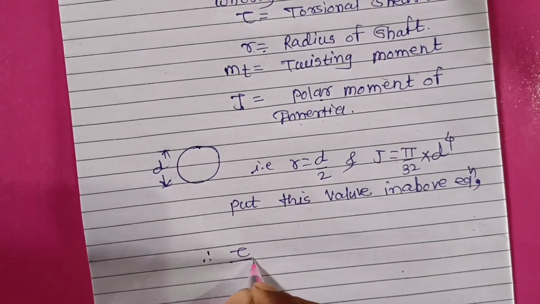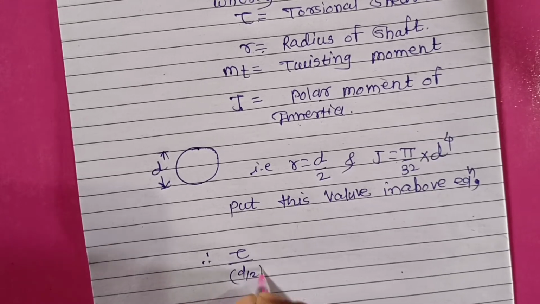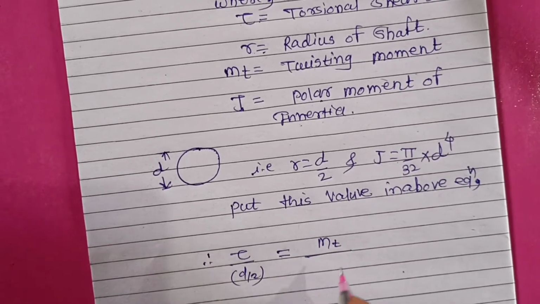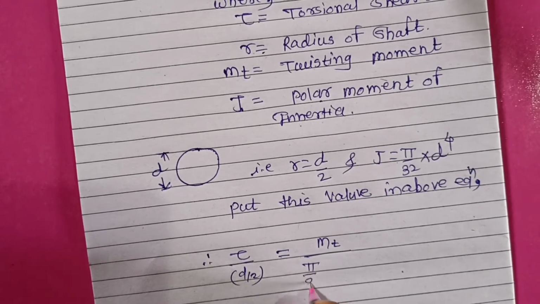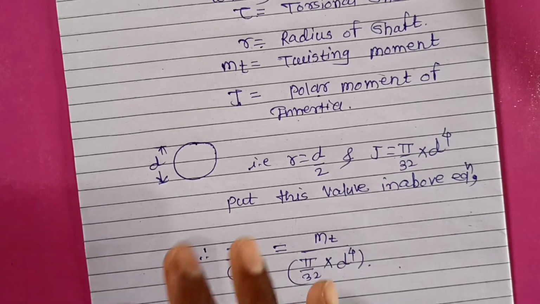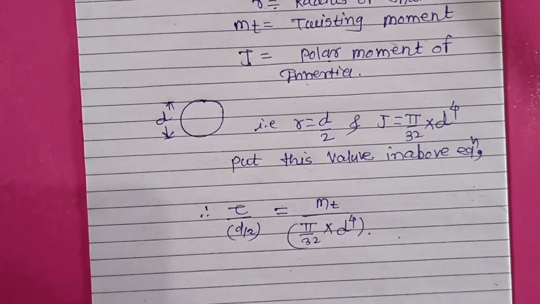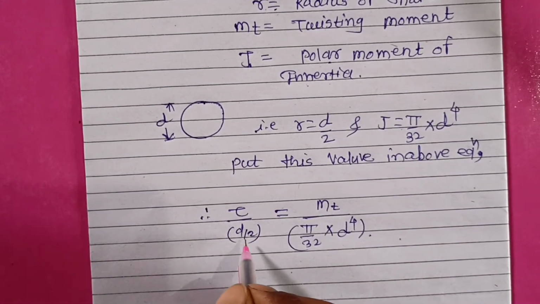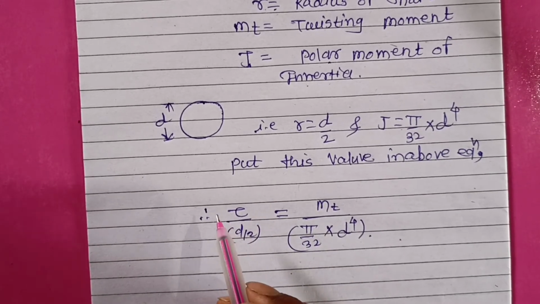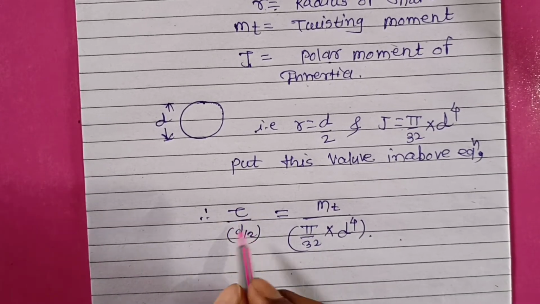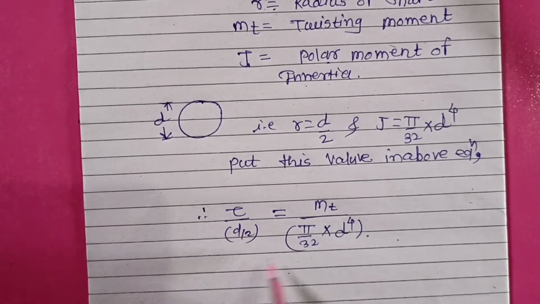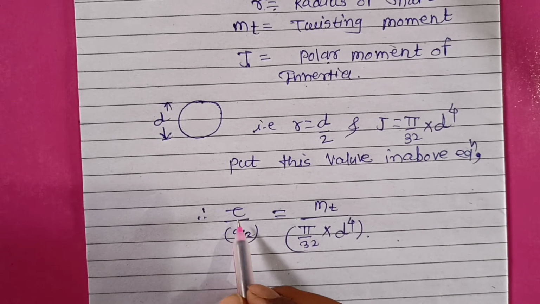Then tau divided by d by 2 is equal to Mt divided by pi by 32 into d raised to 4. Now rearrange this term. I want the value of torsional shear stress, and torsional shear stress is denoted with the help of tau. Now rearrange all terms so that it is equal to tau.